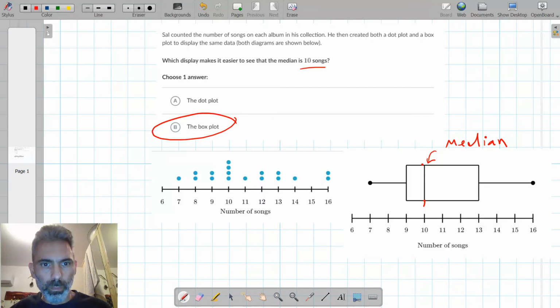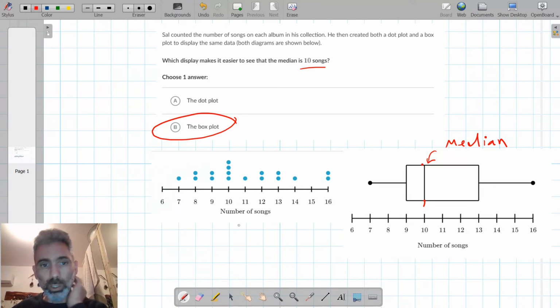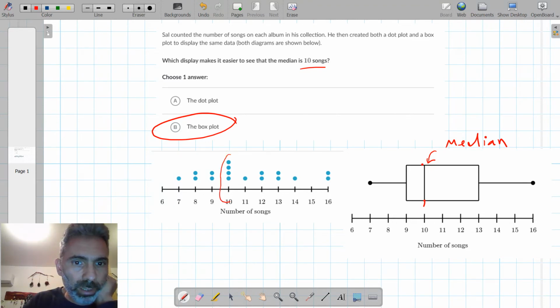So here the answer is the dot plot, because the mode represents the value that occurs most often in the data set. So this is definitely 10, because we have 4 data points and we see that all the other values have fewer data points.